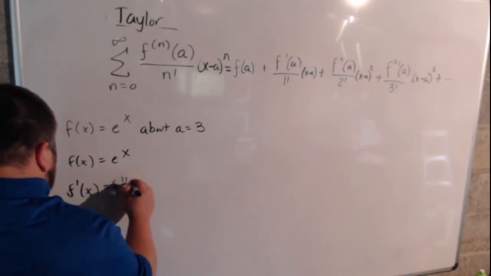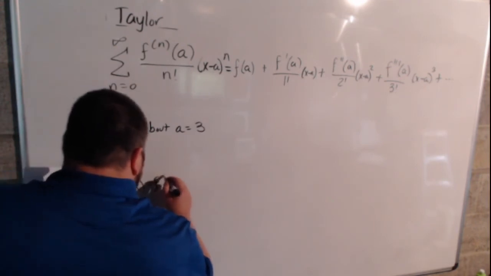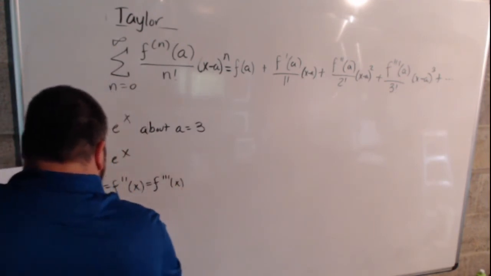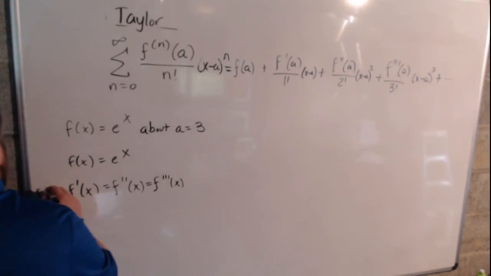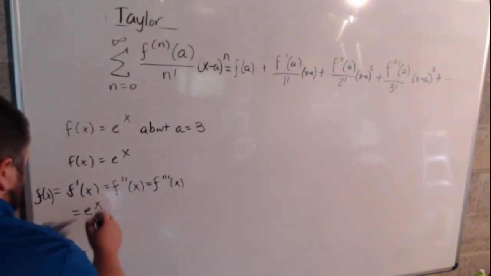Well, here's the nice thing. Because this is e to the x, we should know that its derivatives are all equal to the original, right? They're all just e to the x.